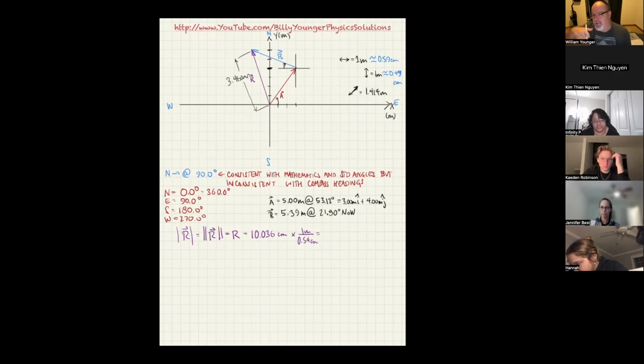Because they're supposed to be square, I took the average of the two. I'm definitely putting error in here, but I'm going to get something really close, not too terribly bad. So I'm going to take that 10.036 and multiply it by 0.54, and that's going to give me 5.42. It's actually 5.41944 meters on the scale that we're using. Okay, so that's the magnitude of it.